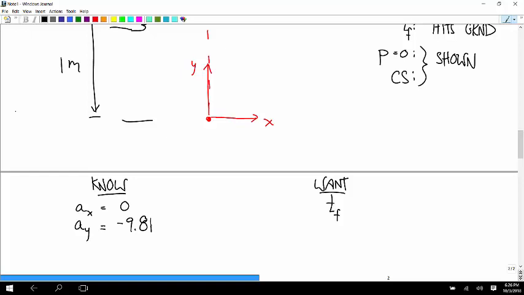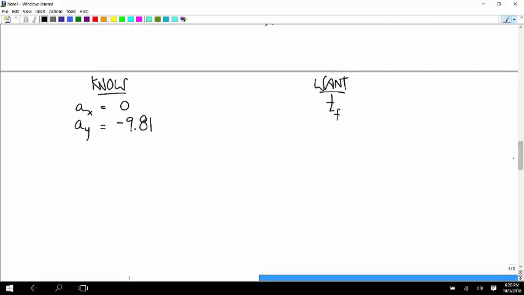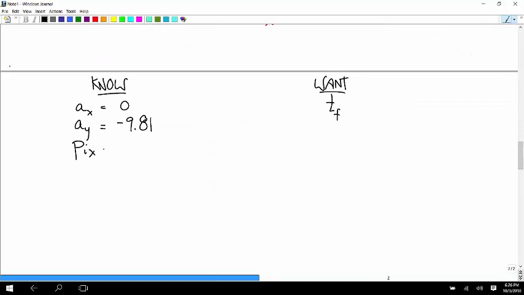P initial. So for P initial, we're talking about at time 0, what are the coordinates where the object is, the bullet? It's 0 x and positive 1 y. So PIX is 0, PIY is 1.